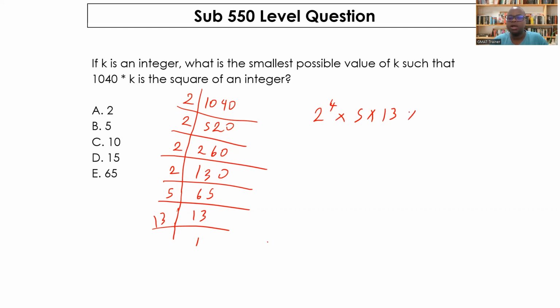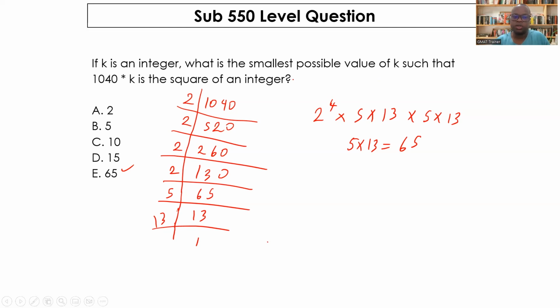For this, we'll need to multiply again by 5 and 13. And this will make it now 5 squared and 13 squared. And 5 times 13 is equal to 65. And that is the answer, choice E. So that is the smallest possible value such that 1040 times k is the square of an integer. That is how you go about it.